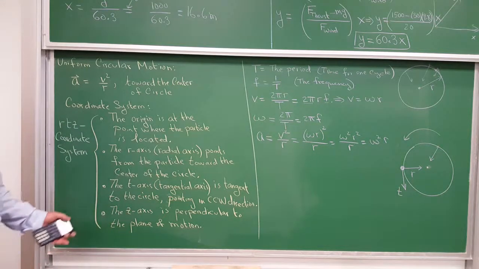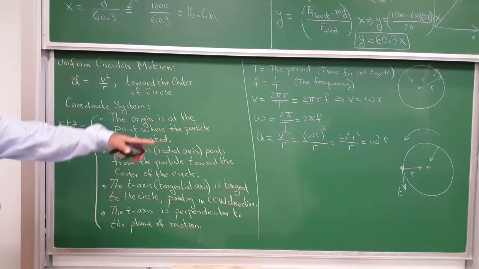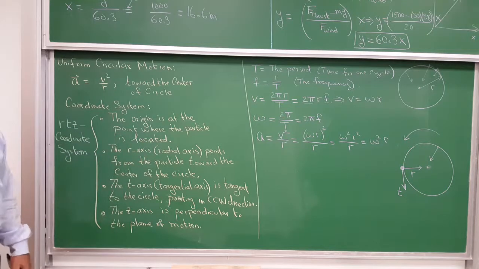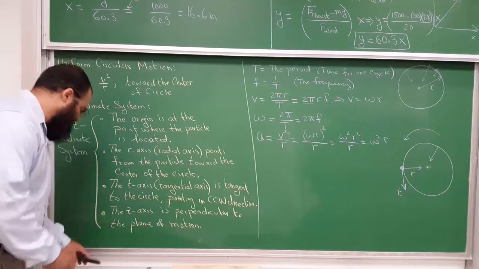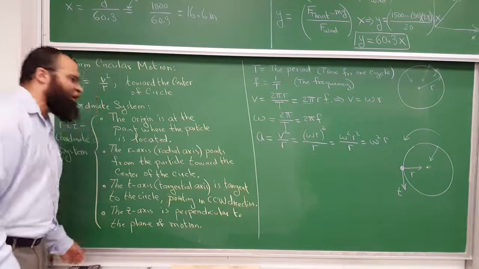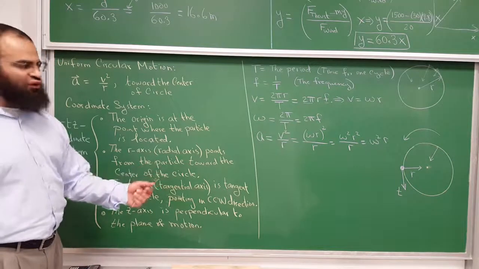So we say the acceleration is along the r-axis. The velocity is along the t-axis. All right. So those are the axes. That's really terminology. It will be very clear and intuitive when we start solving problems.